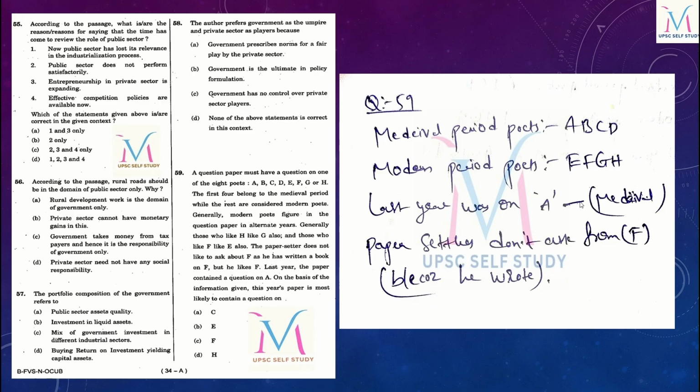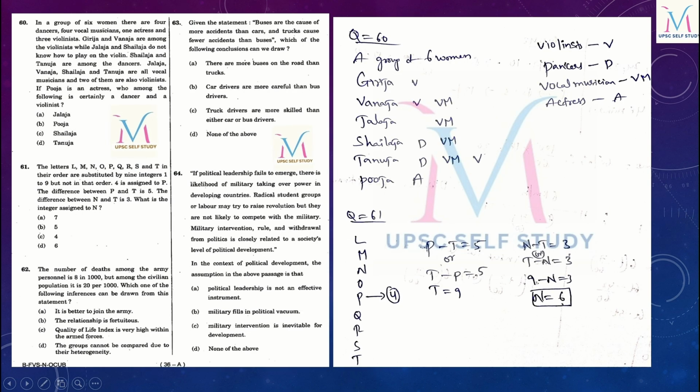So, next question. Question number 60. In a group of 6 women, there are 4 dancers, 4 vocal musicians, 1 actress, and 3 violinists.